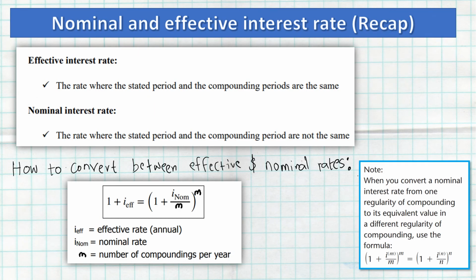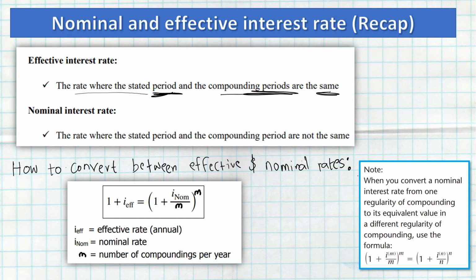Okay, let's now focus on the nominal and effective interest rate as part of our recap. You must know what effective interest rate and nominal interest rate mean. The effective interest rate is the rate where the stated period and the compounding period are the same.